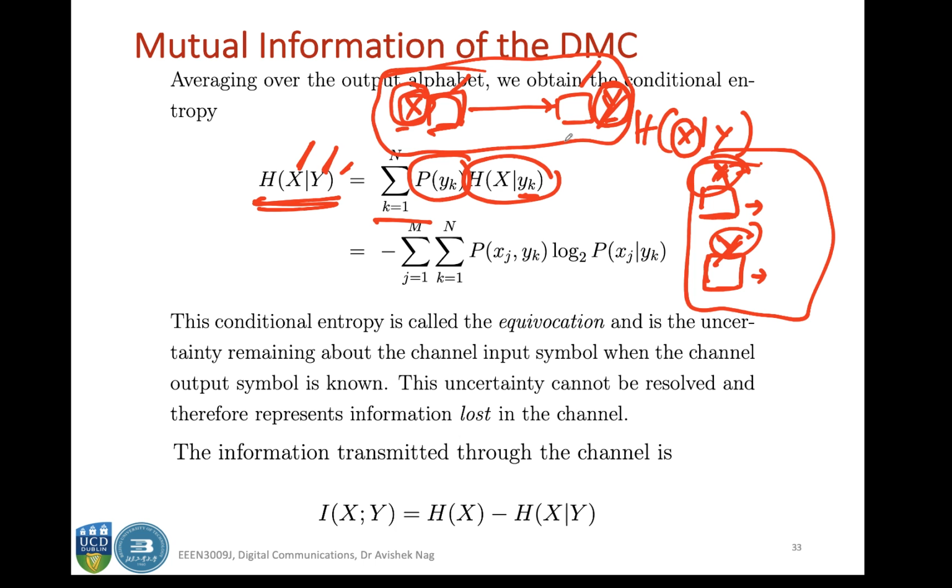Okay, and you are trying to find out the information that is emitted by one of the random entities by observing the other random entity.